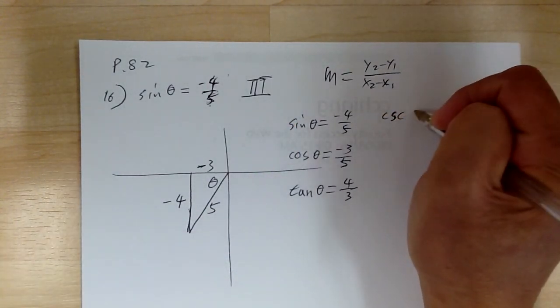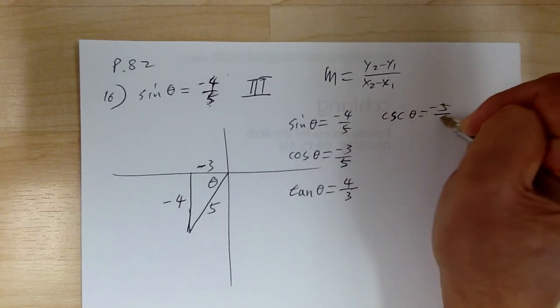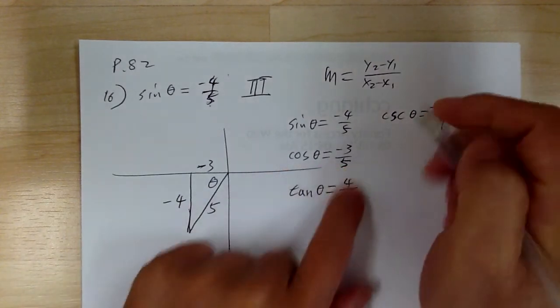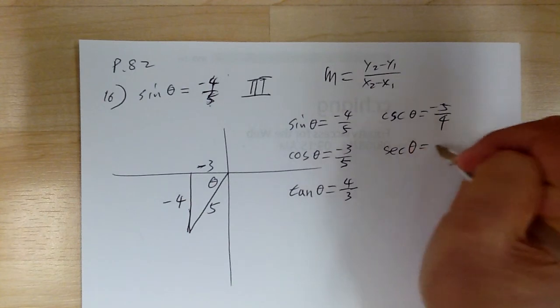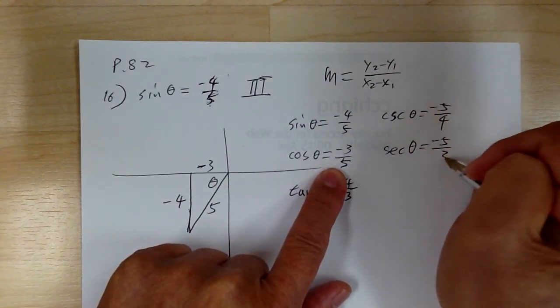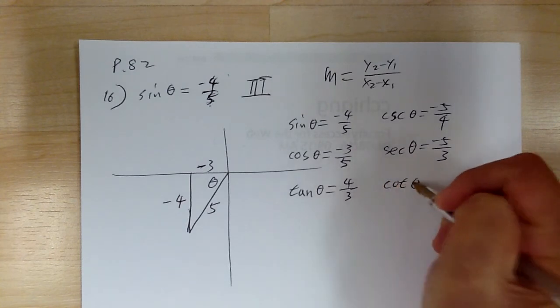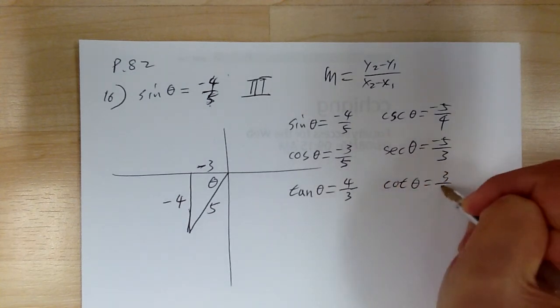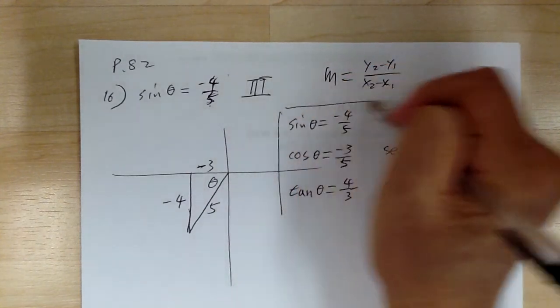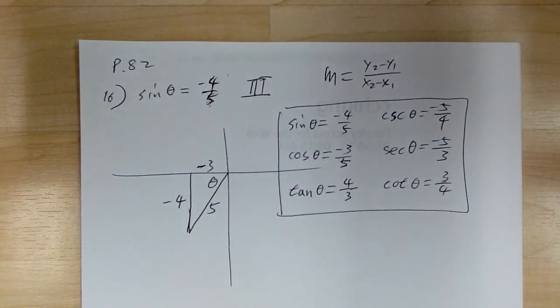So cosecant theta is equal to -5/4, and cosine goes with secant, so this will equal -5/3, and tangent goes with cotangent, so cotangent theta equals 3/4, and so that is your answer right over here.